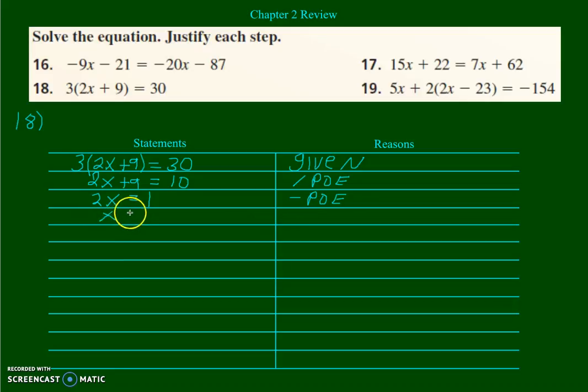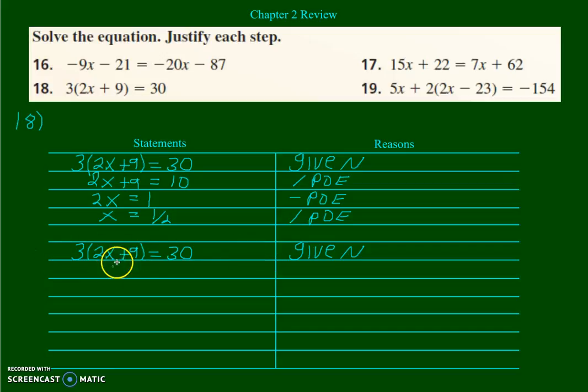So x = 1/2, which is division property of equality. Now, if you're not comfortable with that, we'll redo it using the distributive property, and we'll do that down at this point here. So I went ahead and copied this given statement down here.